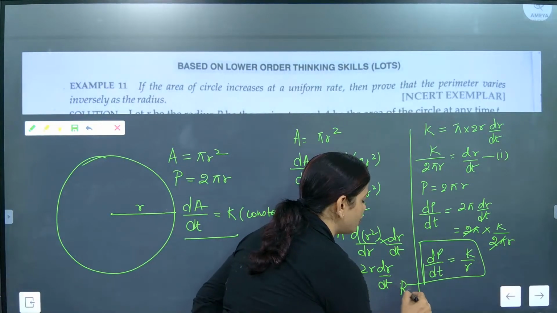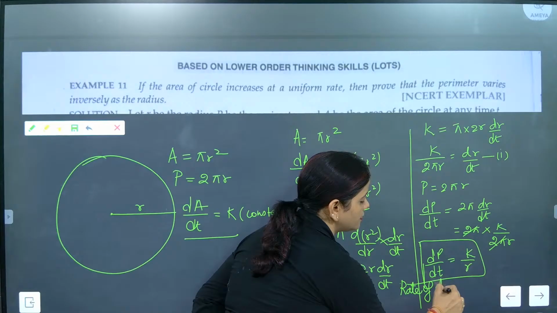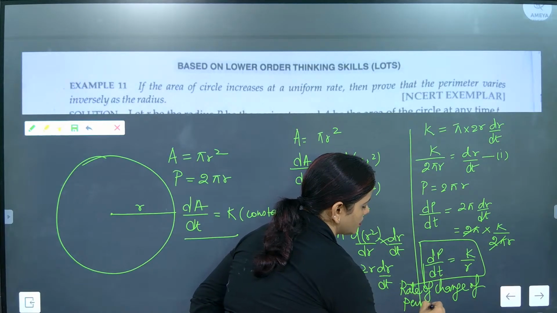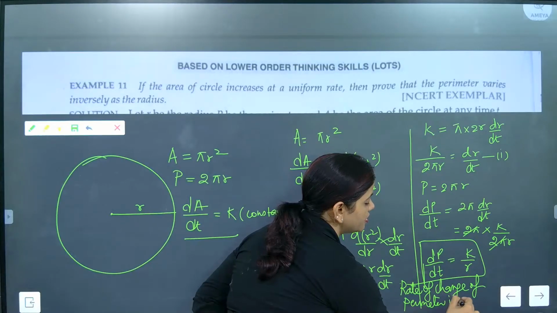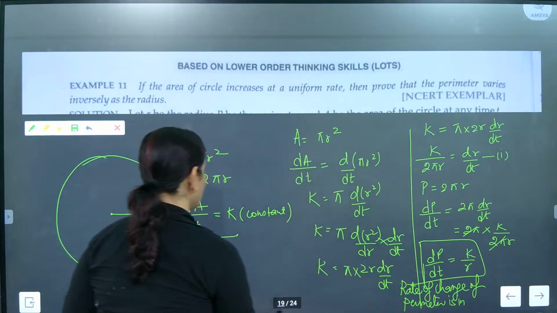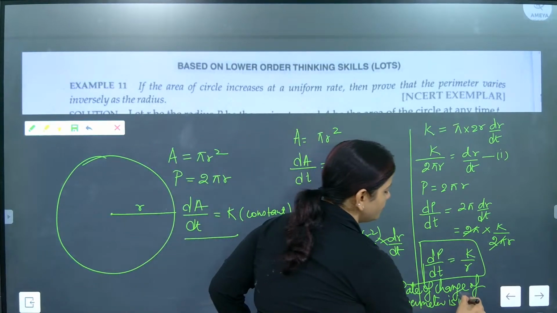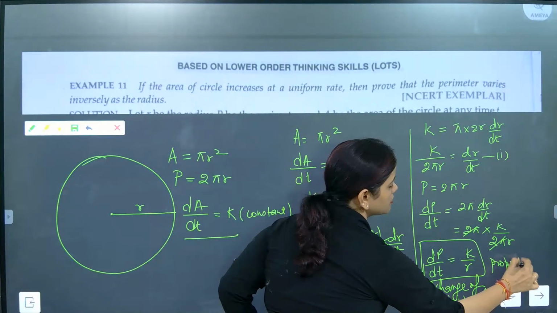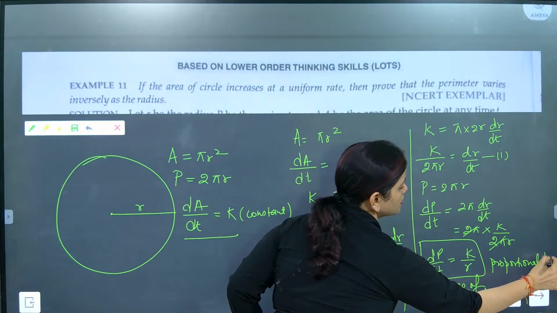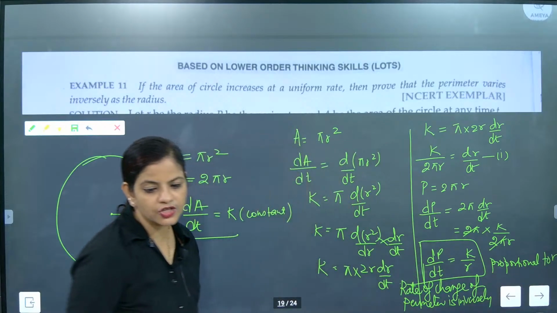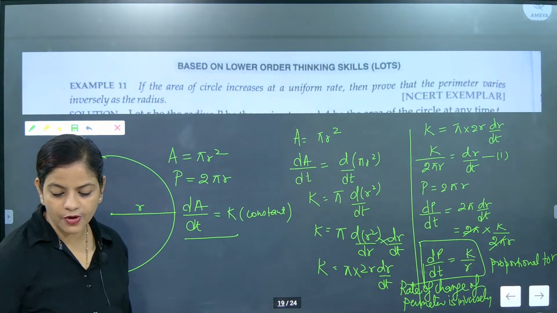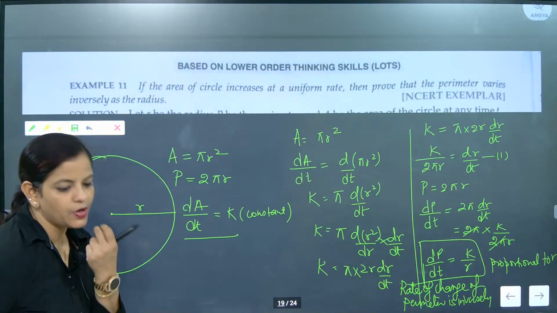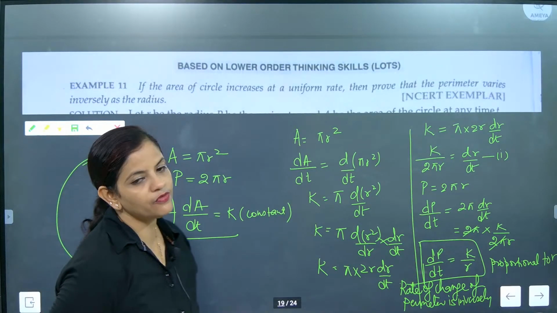Rate of change of perimeter is inversely proportional to r. I hope you might have got this point.